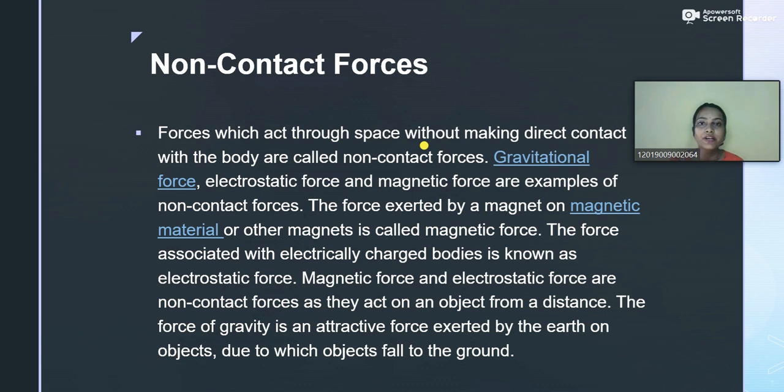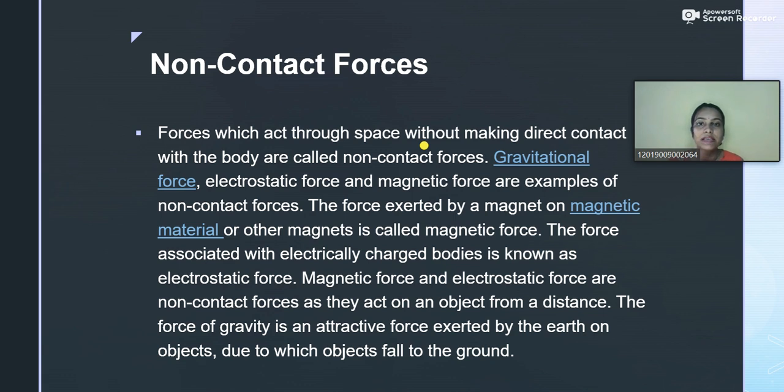Gravitational force, as we know, is why we can stand on the ground: it pulls our body toward the earth so that we can stand upright. In space there is no gravitational force, so we cannot stand in space. So gravitational force is very important, and it is an example of non-contact forces.